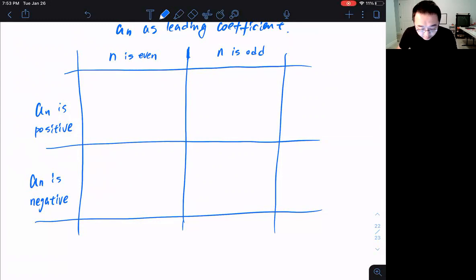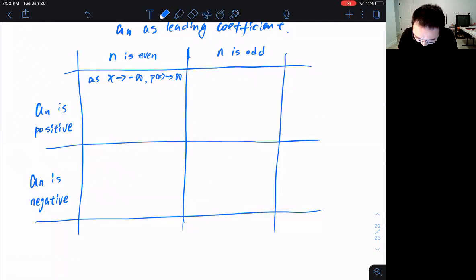And then we say, as x approaches negative infinity, your function, let's call it p of x, because it's a polynomial function, will approach positive infinity.